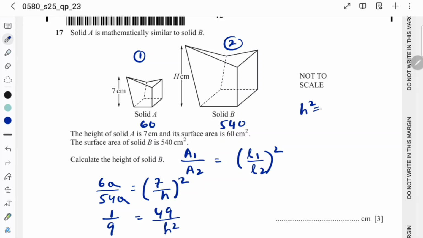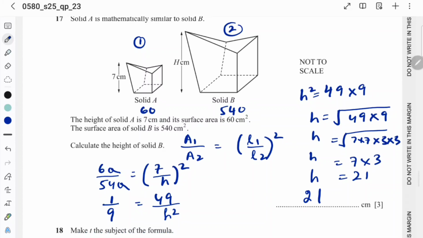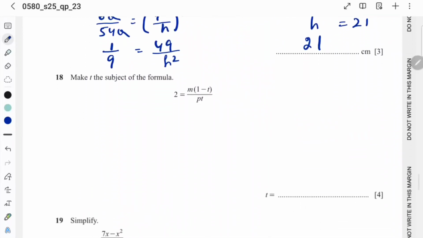So your height square is 49 times 9, and then you take the square root. 49 into 9, that is 7 into 7 into 3 into 3, or you can simply write 7 into 3. 7 into 3 is 21. 21 centimeters is the height of this solid, which has 540 square centimeters surface area.